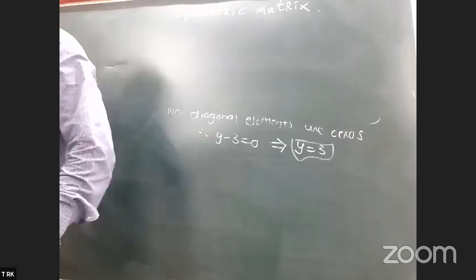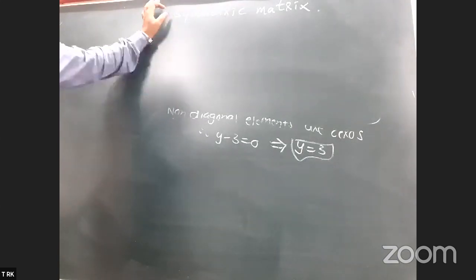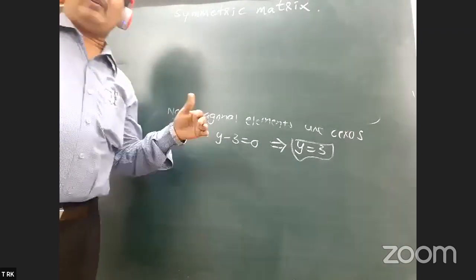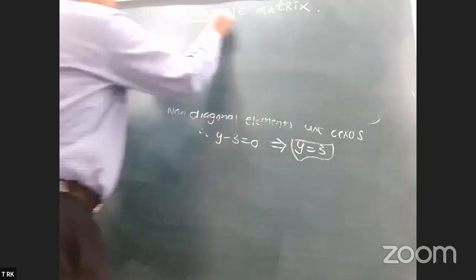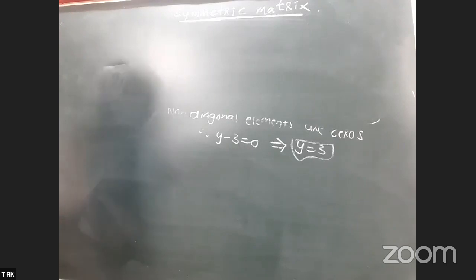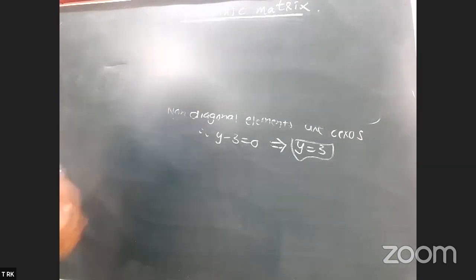So once again, a square matrix is said to be a symmetric matrix if the transpose of the given matrix is the matrix itself. To define the symmetric matrix, we use the definition of transpose of the matrix.